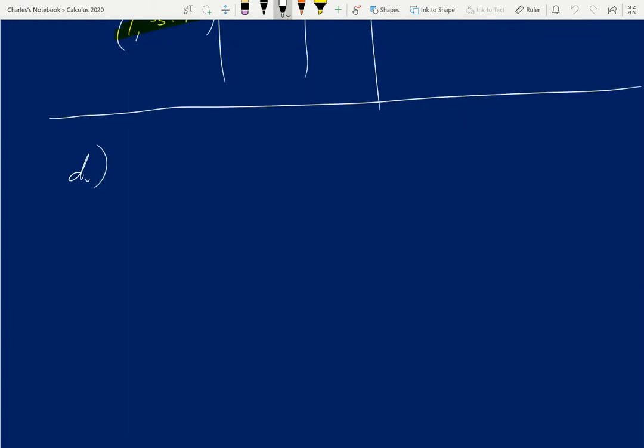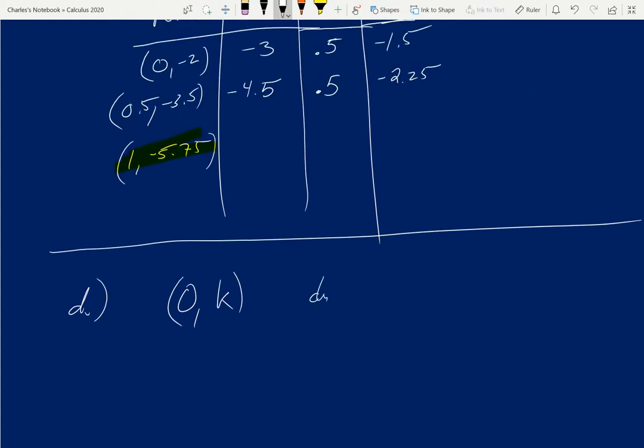But this is not that difficult if you can get a grasp for what's happening and understand what we did with Euler's method. We're going to start at (0, k). We have this formula dy dx is equal to 3x plus 2y plus 1.